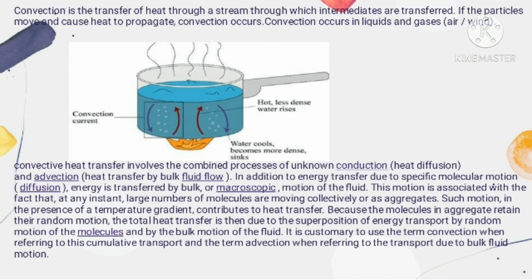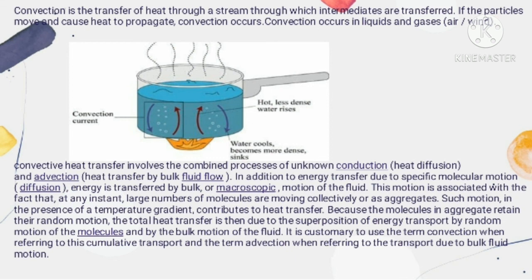This motion is associated with the fact that at any instant, large numbers of molecules are moving collectively or as aggregates. Such motion, in the presence of a temperature gradient, contributes to the heat transfer because the molecules in the aggregates retain their random motion.